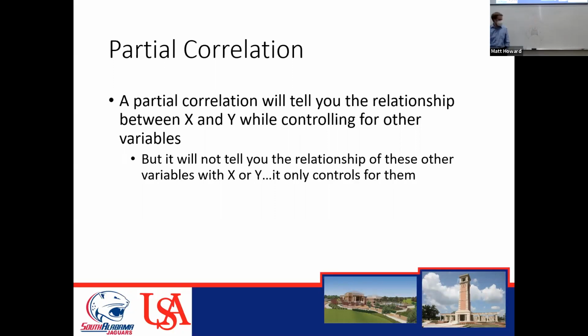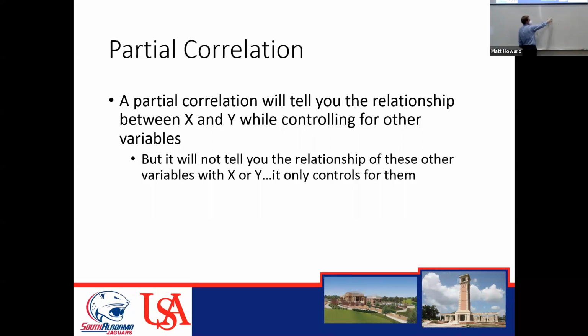Of course, you could then just turn around, and I'll use the black marker. You could then, if you wanted to, conduct another partial correlation with something like A and Y while controlling for X and B. You certainly could do that for every combination to know every possible relationship while controlling for all the other variables, but that would require you to perform separate analyses.